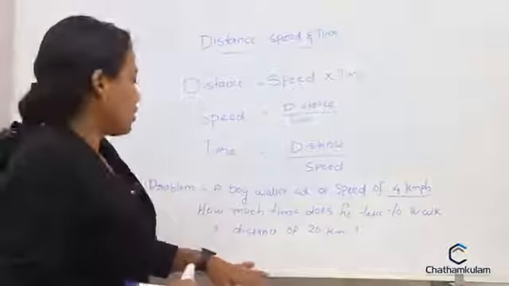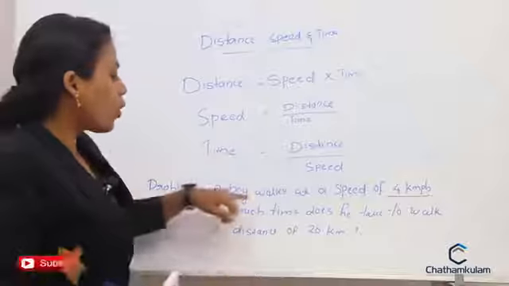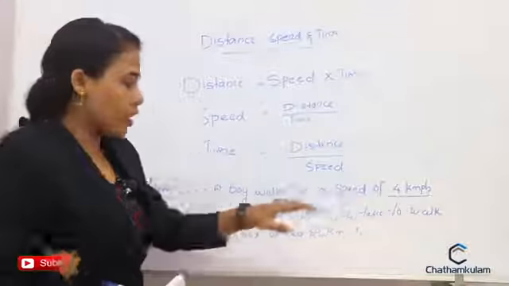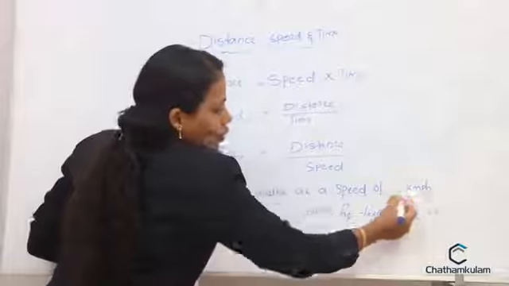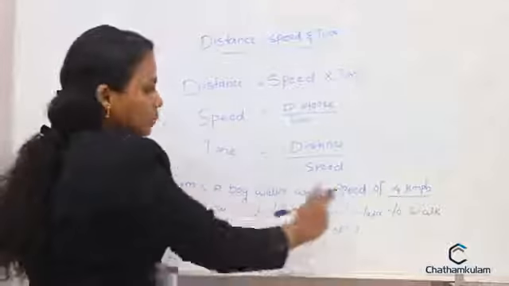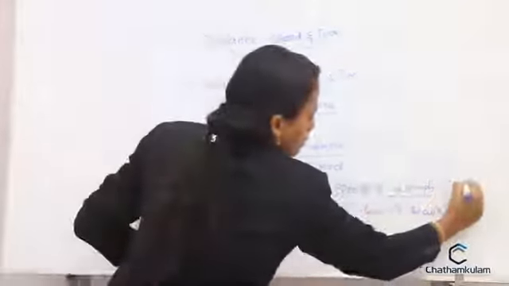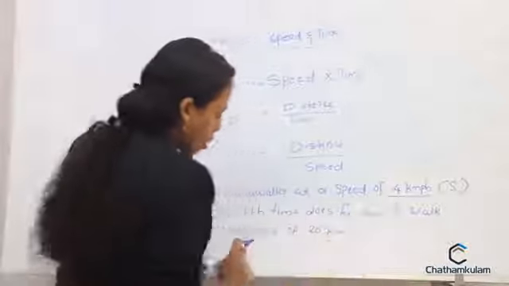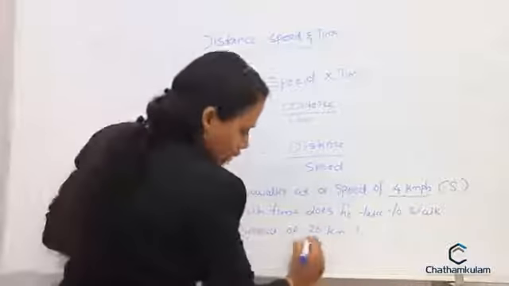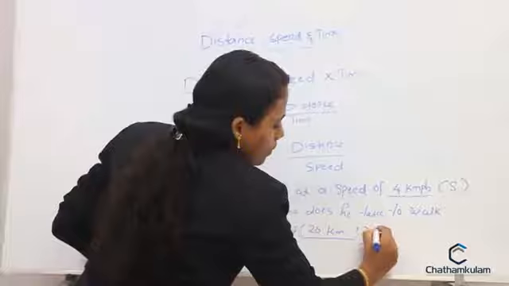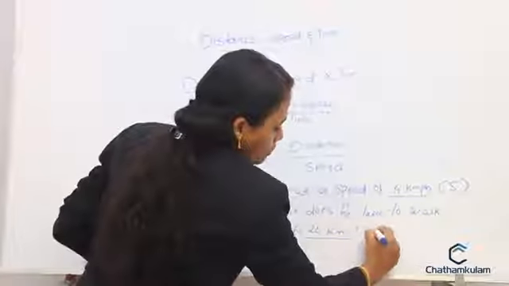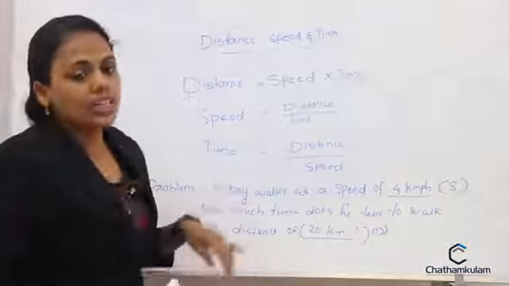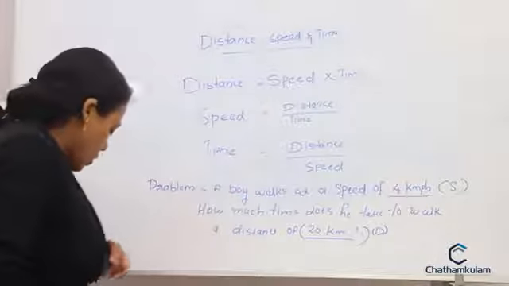In this question, we have to clearly know a boy walks at a speed of 4 km per hour, that means speed. And how much time does he take to walk a distance of 20 km? So we get the distance also. The question is how much time, so we need to calculate time.